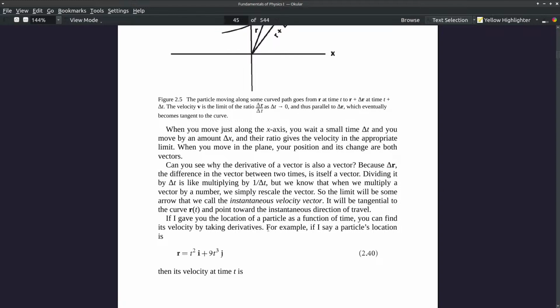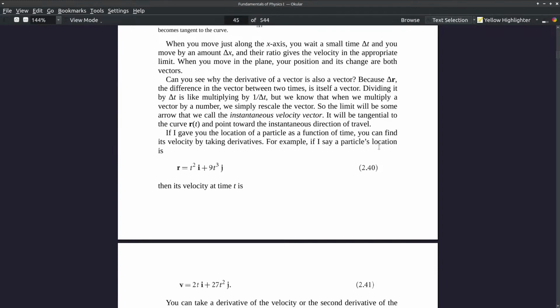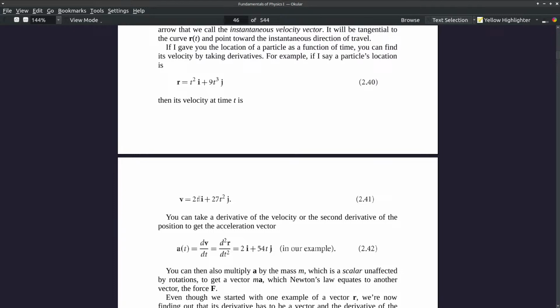If I gave you the location of a particle as a function of time, you can find its velocity by taking derivatives. For example, if I say a particle's location is r equals t squared i plus 9t cubed j, then its velocity at time t is v equals 2t i plus 27 t to the second power j.